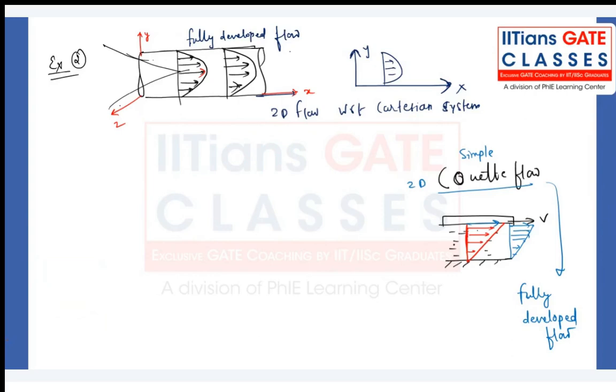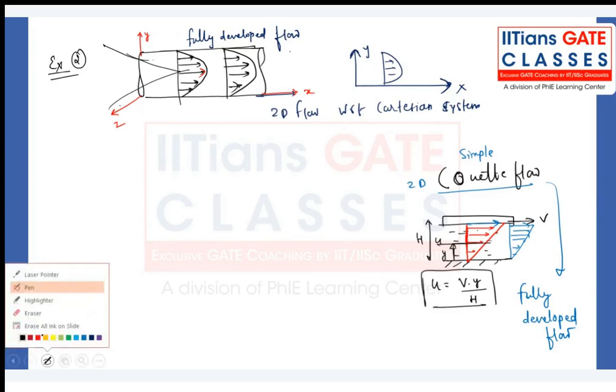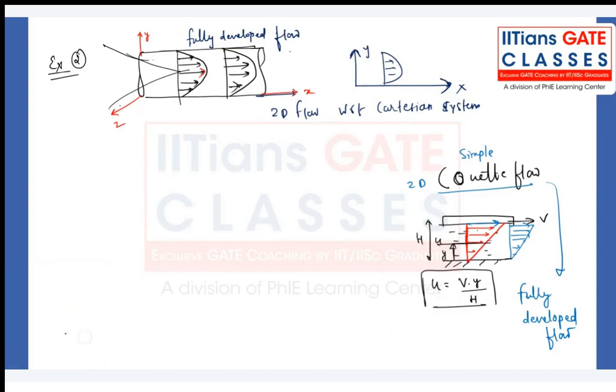Because see, when you write the velocity at any layer at a distance y, you will write V into y by capital H, for example. But in a Cartesian system, my dear friend, u can be written as dx by dt.